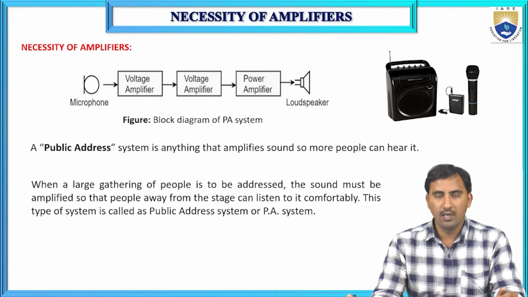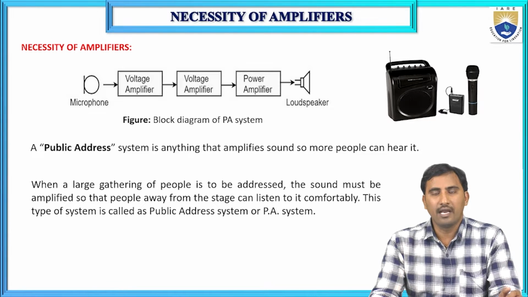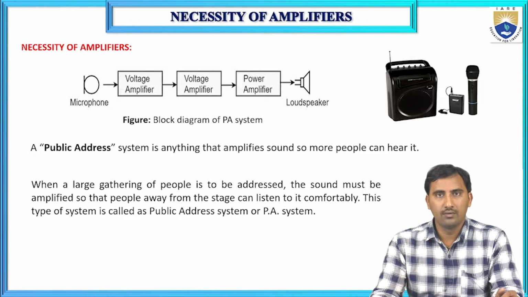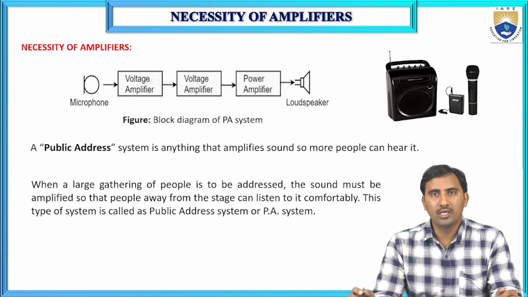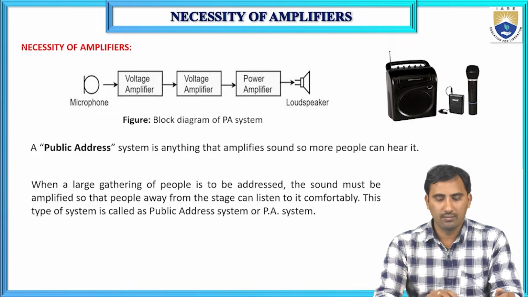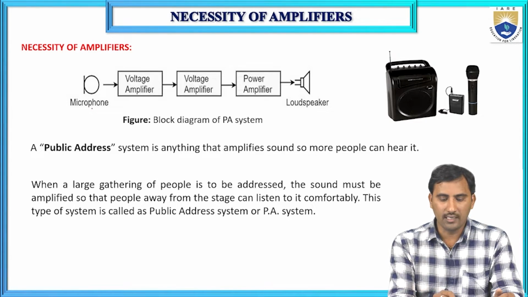Next, coming to the necessity of an amplifier. Nowadays we are using amplifiers mostly in our home appliances also. If you see the block diagram of the PA system, it consists of different components like a microphone and voltage amplifiers.